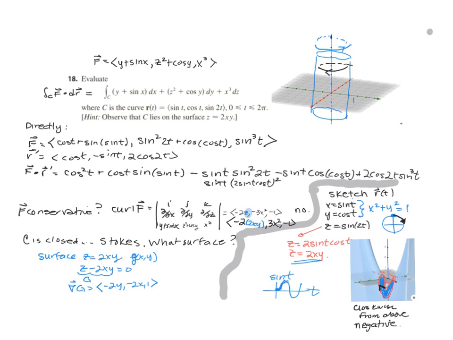So you just have to make the orientations match. So I want minus gradient of g, which is 2x, 2y, negative 1.